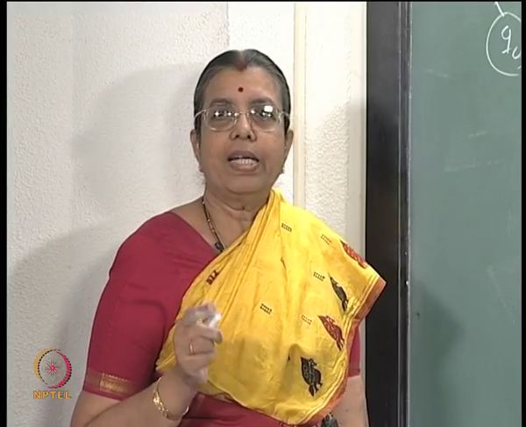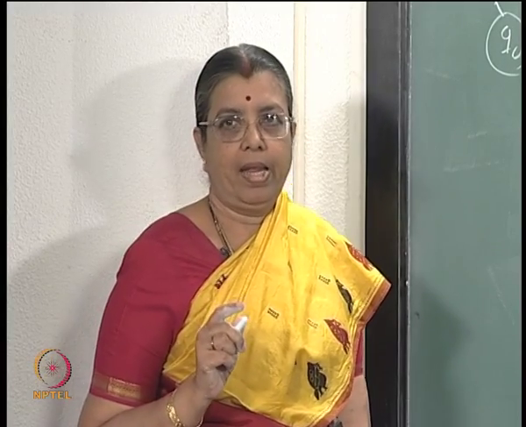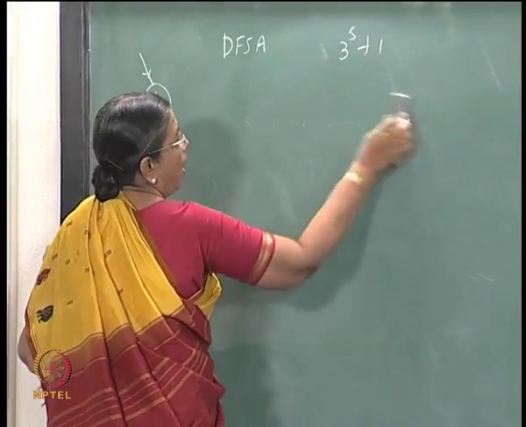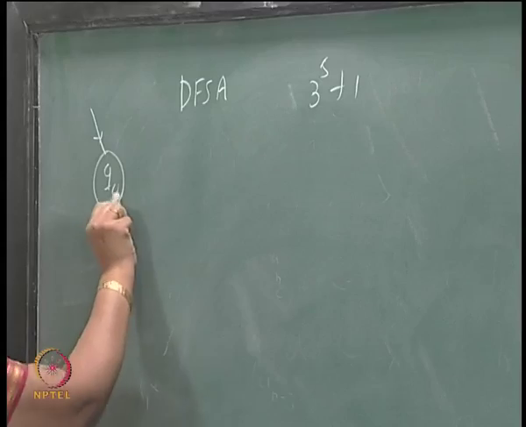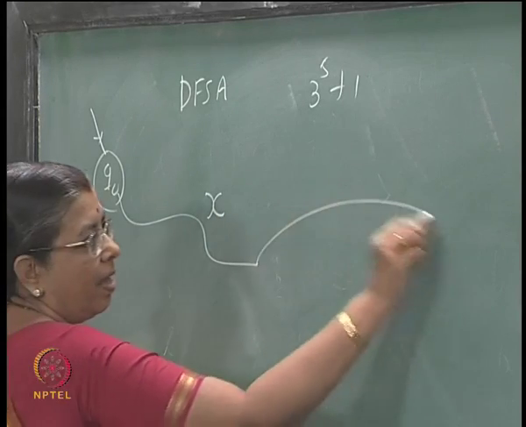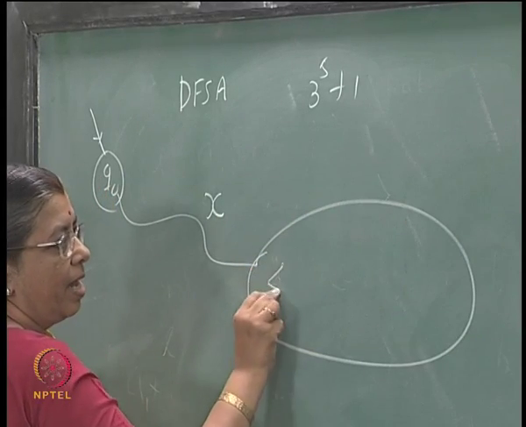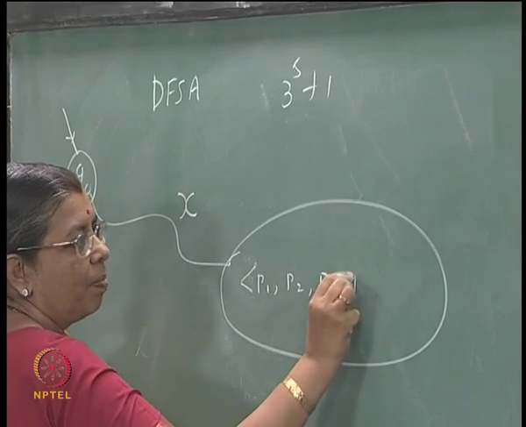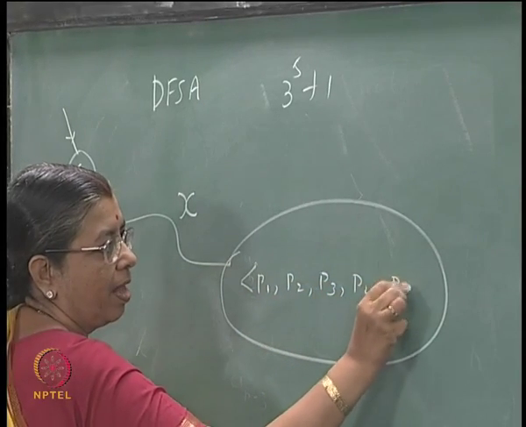Now, what does that 5-tuple mean? The meaning is like this: starting from the initial state, after reading x, you go to a state P1, P2, P3, P4, P5.